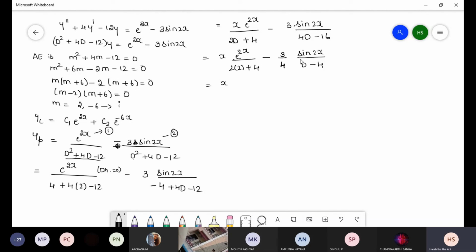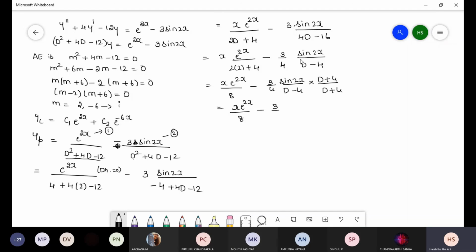So x into e power 2x, 4 plus 4 is 8. Here I multiply by d plus 4 divided by d plus 4. x into e power 2x divided by 8 minus 3 by 4.